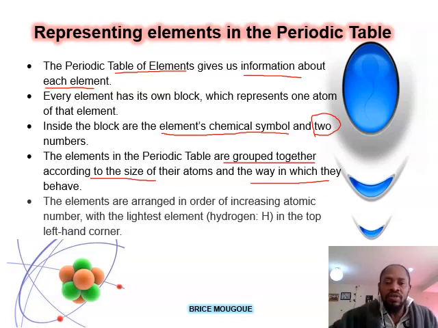So we group them according to that. Hence, the elements are arranged in the order of increasing atomic number, with the lightest element, which is hydrogen, in the top left corner of the periodic table. Let's look at hydrogen in the top left corner.